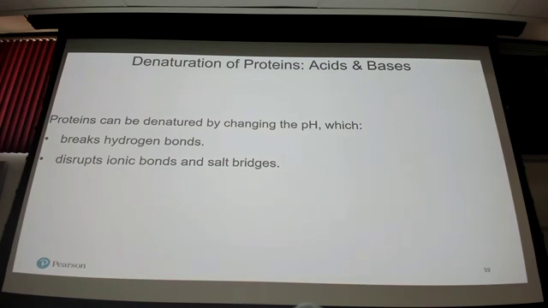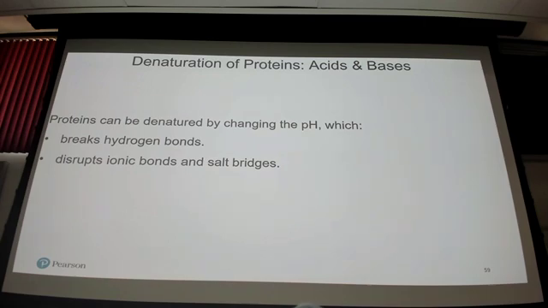So the pH for the stomach, the average is about 2, which is very acidic. The pH for the small intestines is 7, 8, and so those enzymes can only function in the respective environments that their sequence requires.